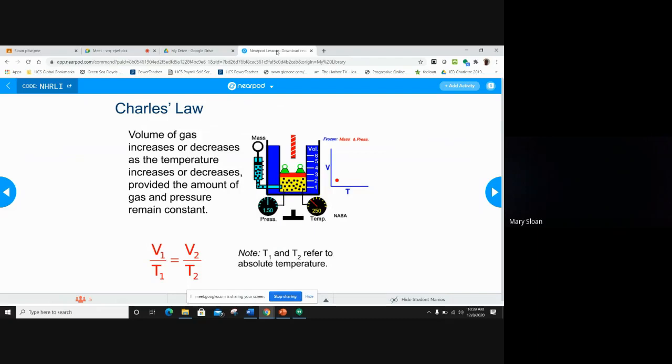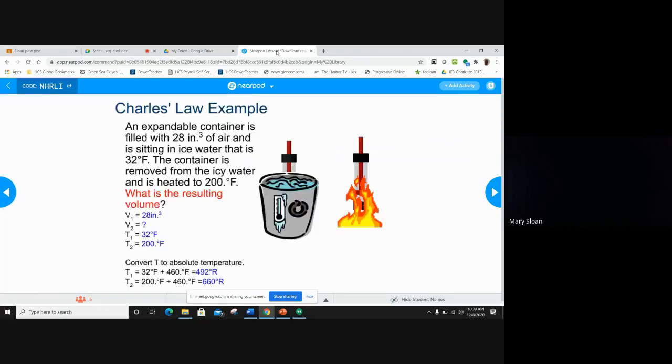Okay, all right, so let's look at engineering. I'm going to leave that up there. It says an expandable container filled to 28 inches cubed, and the air is sitting on ice water that is 32 Fahrenheit. The container is removed from the ice and heated to 200 degrees Fahrenheit. Now, what do I have?